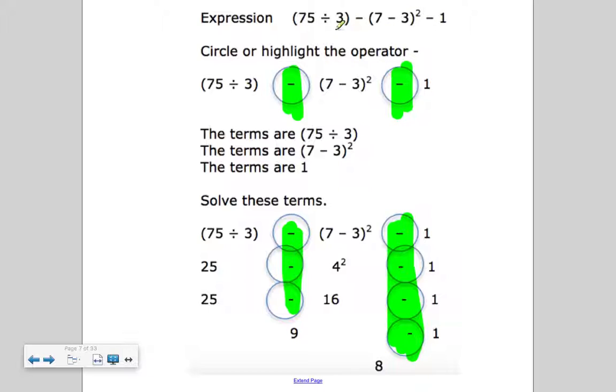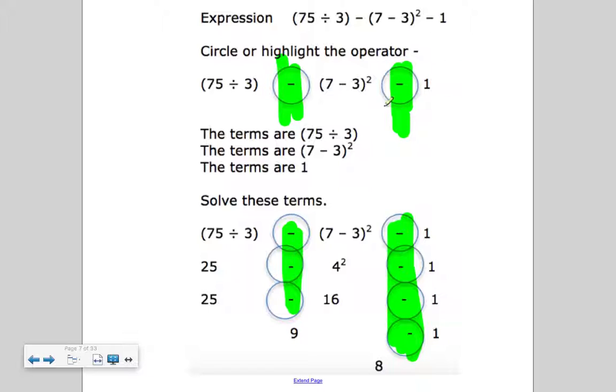Let's separate the terms at the addition and subtraction operators. So here's an operator, highlight, highlight, highlight. Here's another operator, highlight, highlight, highlight. So this is the first term, the second term, and the third term. The first term is 75 divided by 3. The middle term is 7 minus 3, then you square that.